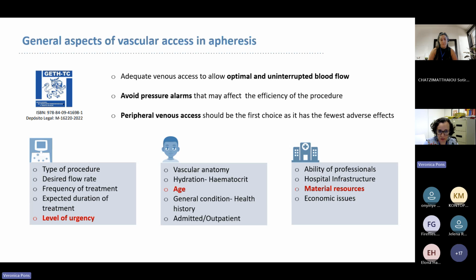We must also consider the patient's characteristics, for example, vascular anatomy, age, or general condition, and also, importantly, our hospital. We must consider what our hospital is like in terms of expert professionals and also material or economic resources. I think it's important to know it.